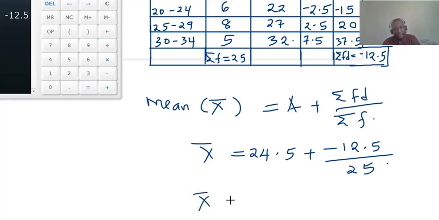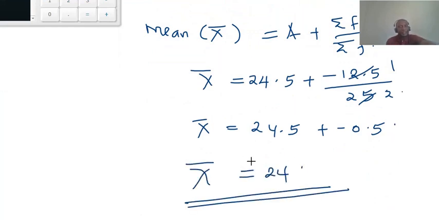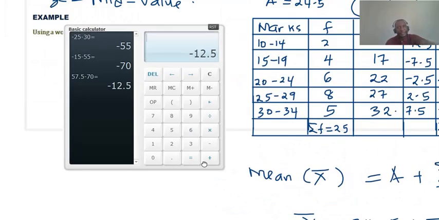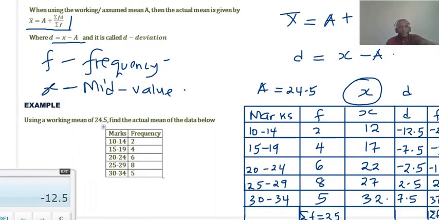Actual mean x bar is equal to 24.5 plus negative 12.5 divided by 25. So this is plus negative 0.5. And when you compute properly here, our mean x bar is equal to 24. So that's our mean when given the assumed mean to be 24.5 for this question here.